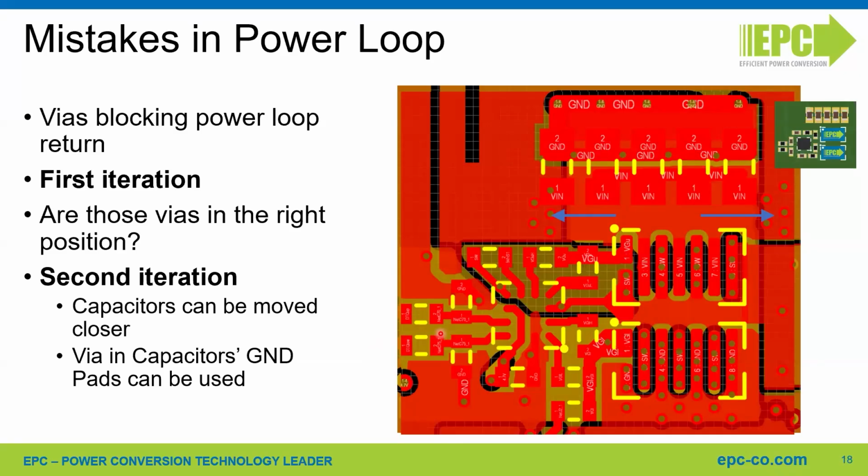Depending on the design, it can work both with the separated ground between the controller and the power loop, but it can also work with a single ground. But usually the separation between the signal ground and the power ground is recommended.